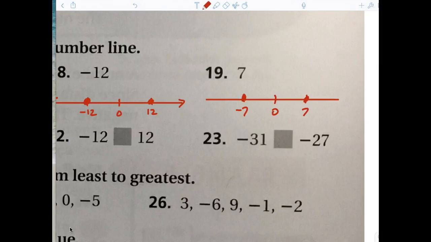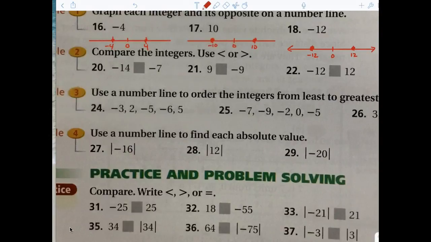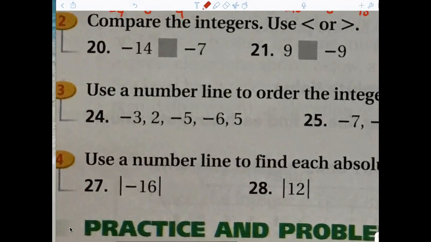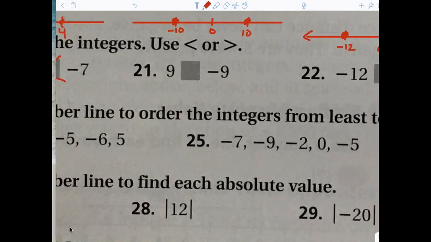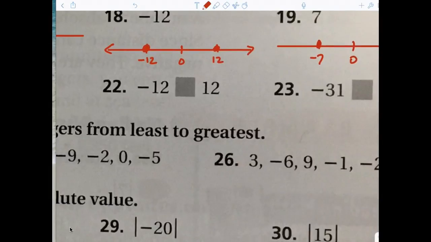Okay, Thomas, you're with me on number 20. Compare -14 to -7. You would say -14 is less than. Very good, buddy. Layton, tell me about 21. 9 compared to -9. 9 is greater than -9. You're awesome. 22.